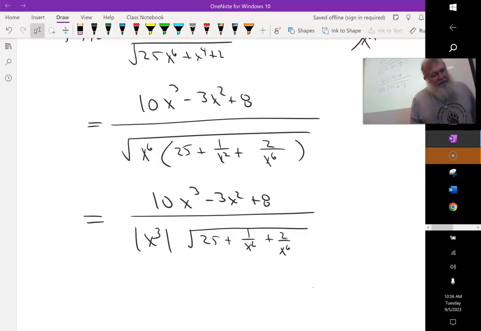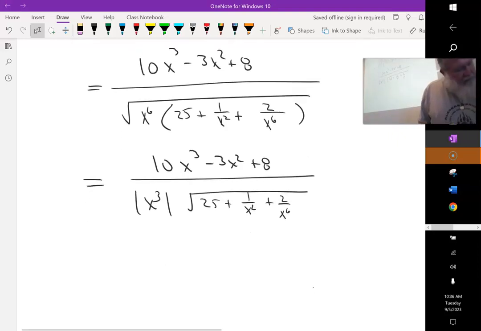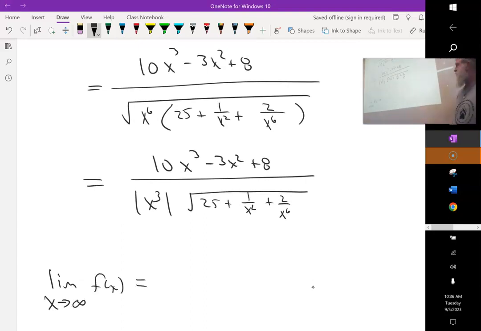Okay. So now let's look at the limit as x goes to infinity of f of x. As x is going to infinity, is it positive or negative? Positive. And the absolute value of a positive number is just the number.